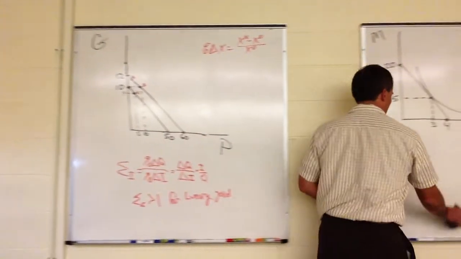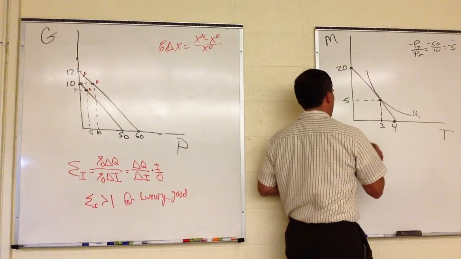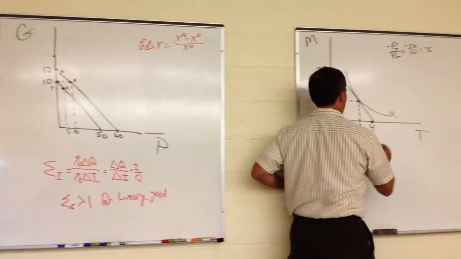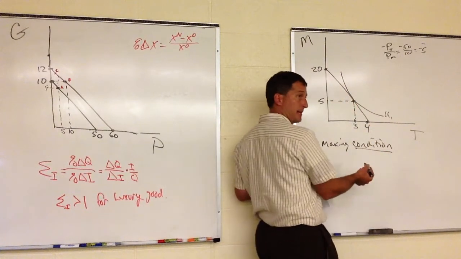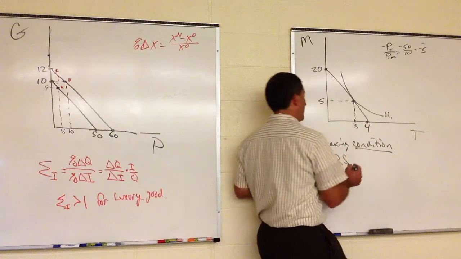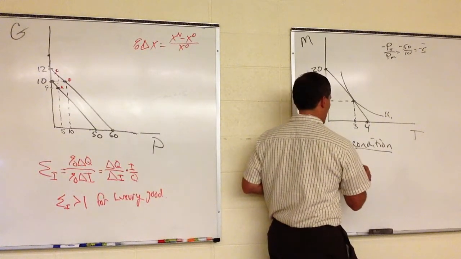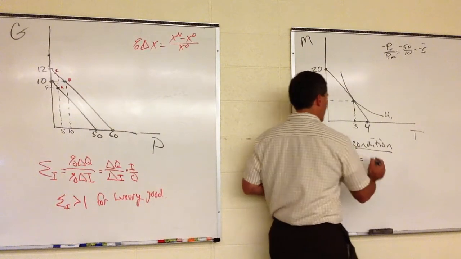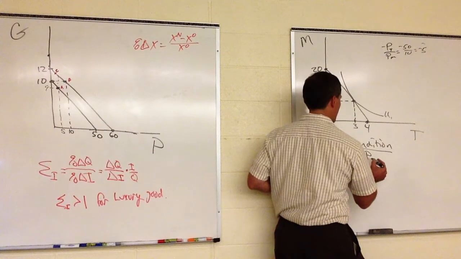That's the optimal condition. So the utility maximizing condition, which we wrote on the board last time, the condition that must be met is that the slope of the utility function, or the indifference curve, must be equal to the slope of the budget constraint.